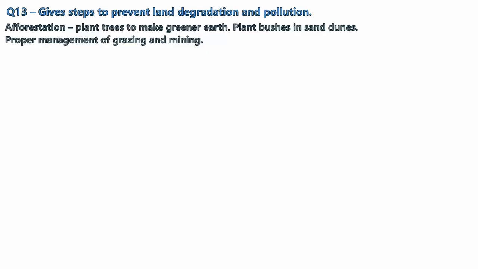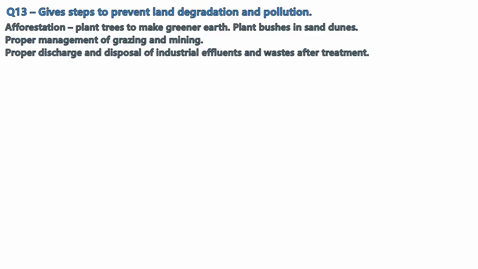Do not overdo it. Proper discharge and disposal of industrial effluents and waste after treatment. Whatever comes out of the industry, you have to treat it before you release it to the atmosphere, land, sea or river, so that it doesn't cause pollution. These are all the points using which you can prevent land degradation and pollution.